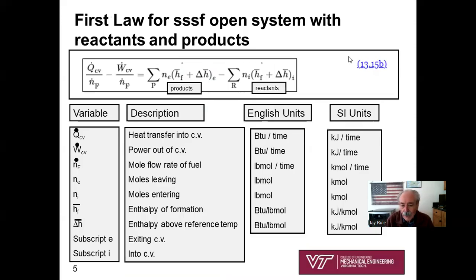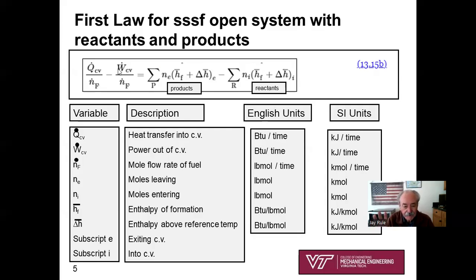And notice here, I hope it looks kind of familiar to you, rather than just saying, oh, this is a brand new formula. Notice here, left-hand side, it's going to be a heat transfer rate, Q dot, divided by a flow rate, N dot, number of moles per second of the reactants, F, minus W dot.